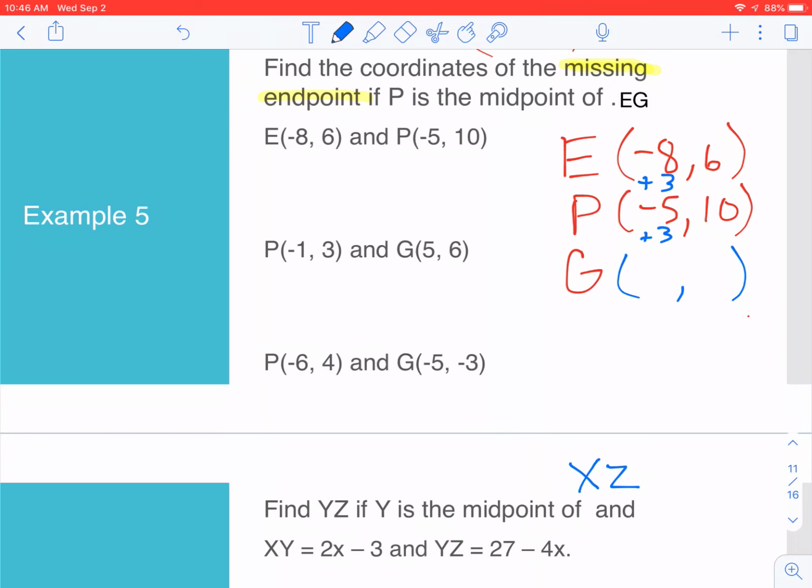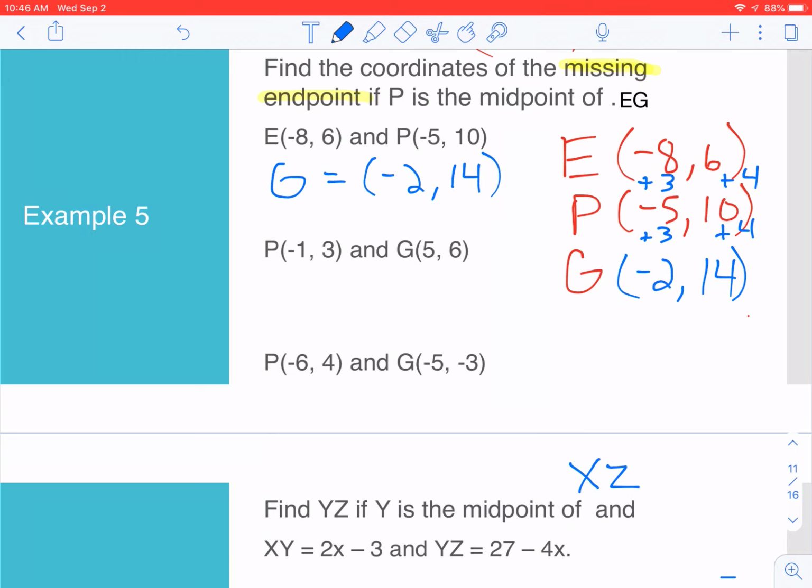So negative 5 plus 3 is going to be negative 2. How did I get from 6 to 10? I added 4, so I add 4 again. 10 plus 4 is going to be 14. So my answer is G equals negative 2, comma 14.